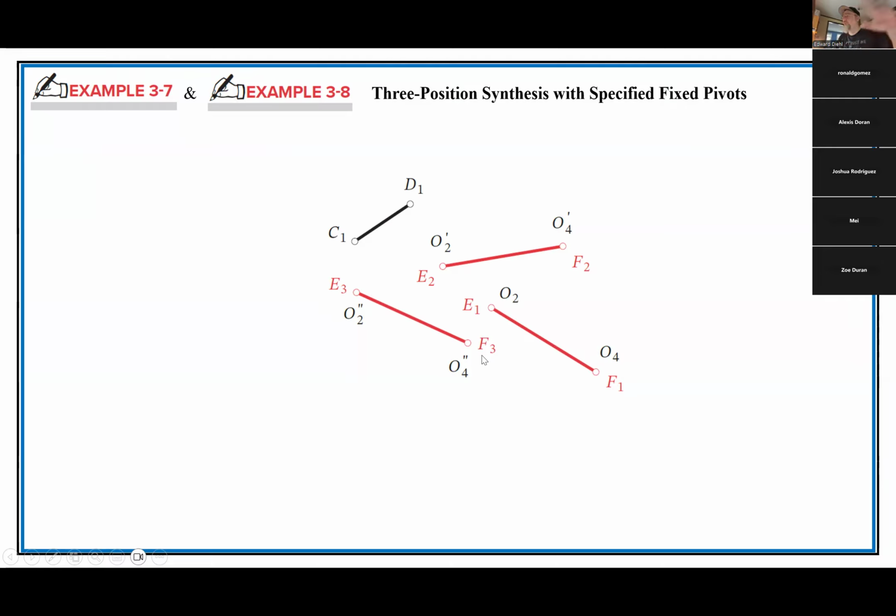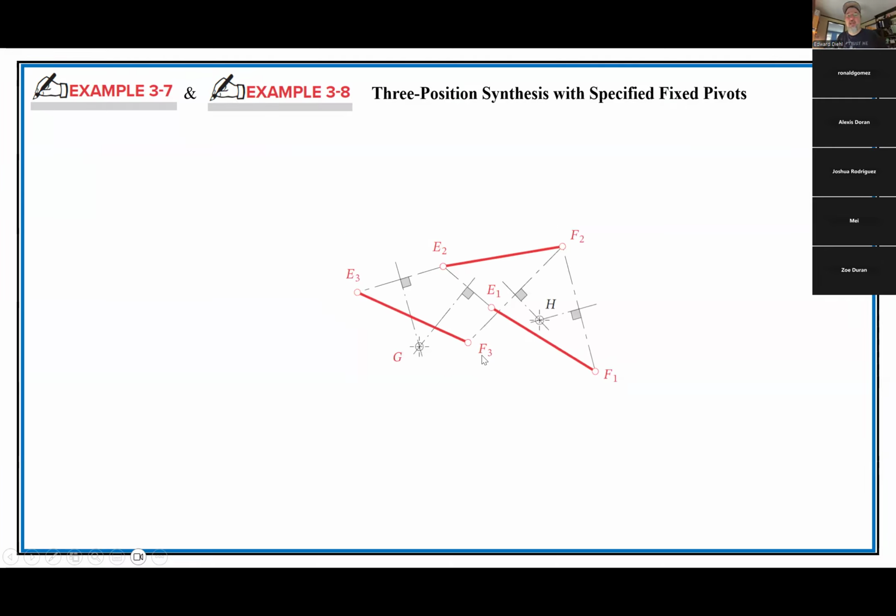But we're going to ignore our C1 and C2 now, and we're going to do the same thing that we just got done doing in that previous three position example. So now we have these grounds, right? So what we've kind of done is we inverted the problem.